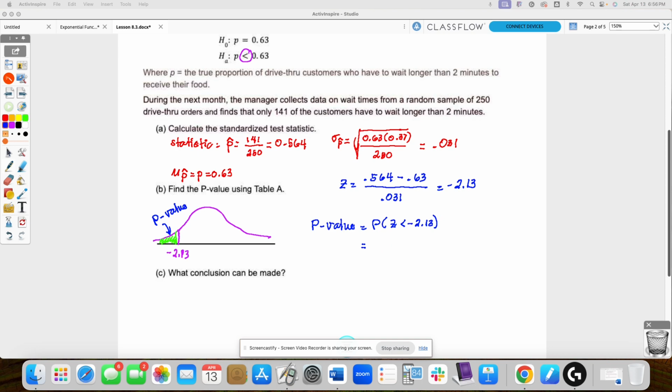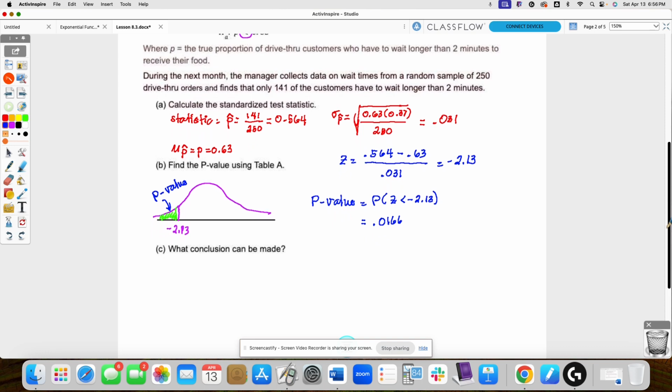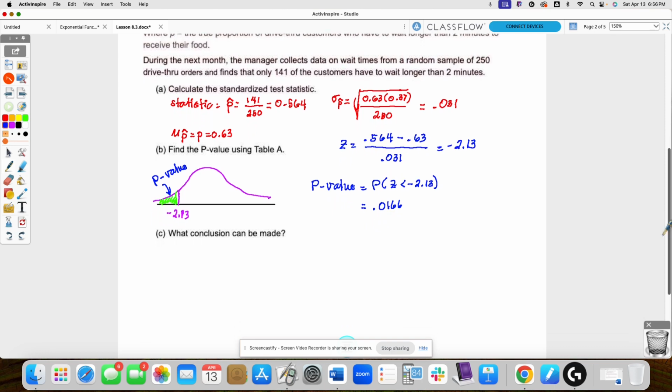So the p-value is 0.0166. Okay? So the first thing we did was to calculate the standard deviation, and then we plugged in the values into the formula for z to standardize the score. And then we constructed our normal curve, and make sure that you shade the correct region.